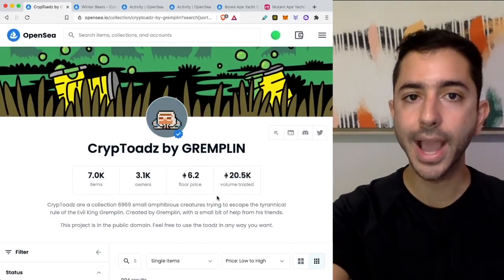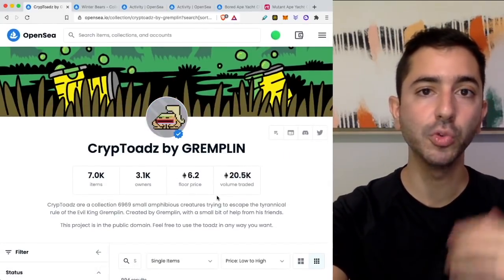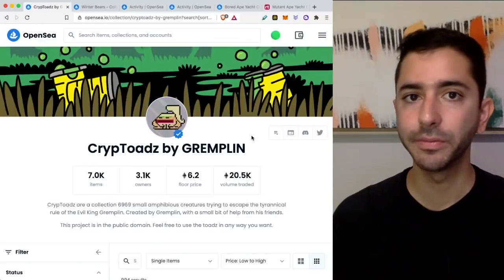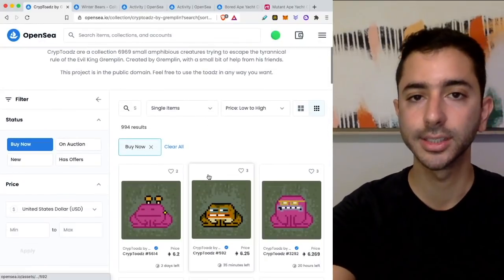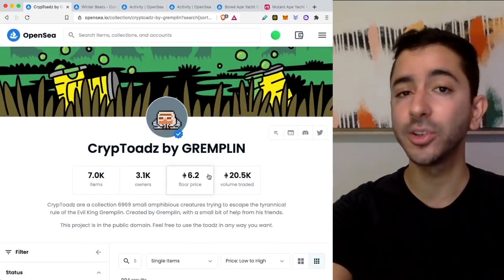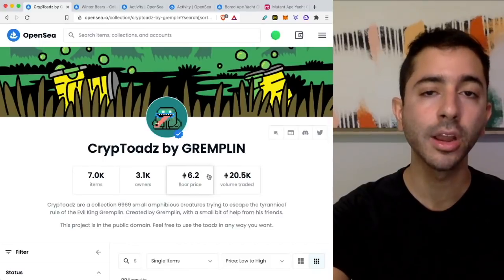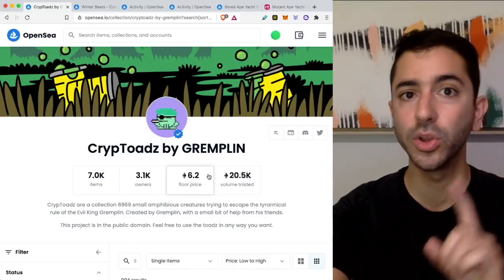But as a buyer or a seller, you can spot great opportunities if you look into this floor price. You may click on a project with a 3 Ethereum floor price, but then when you actually look at the NFTs alongside it, you'll notice that that's the only one that's at 3. The rest are at 6 or 7 Ethereum. So you found an outlier. So as a buyer, that is a great opportunity to buy that NFT up fast because it will be taken.